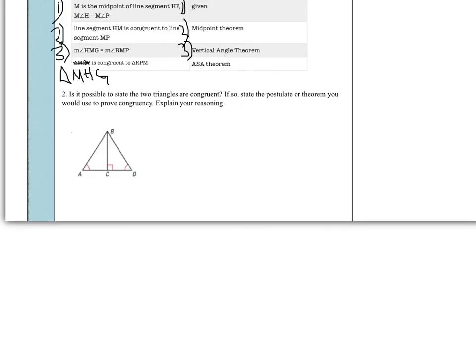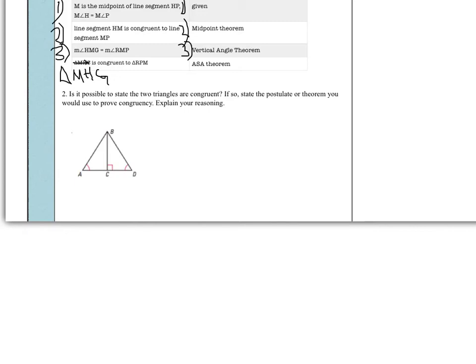Our next question asks us, is it possible to state the two triangles are congruent, these two? If so, state the postulate or theorem you would use to prove congruency. Explain your reasoning. So we don't need to make a proof, but we do need to state what theorem would allow us to make a proof. So I'm going to look and see what I have that's congruent.